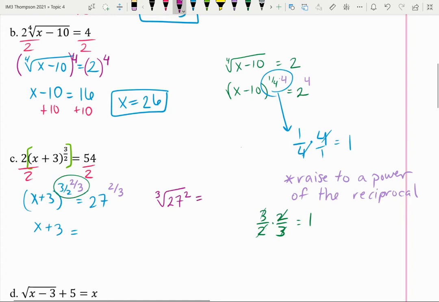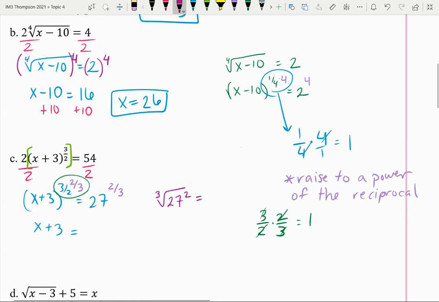When we reviewed exponent rules, we talked about how you can choose to either take the cubed root first and then square it, or square it and then take the cubed root. I would rather make my number smaller before I make it bigger, if possible. The cubed root of 27 is 3.